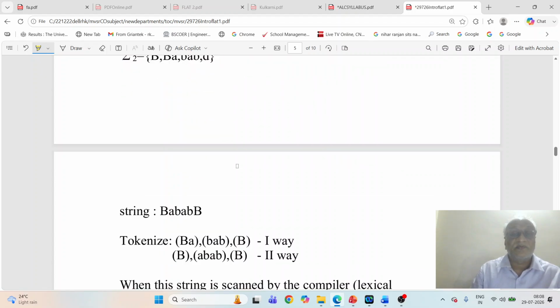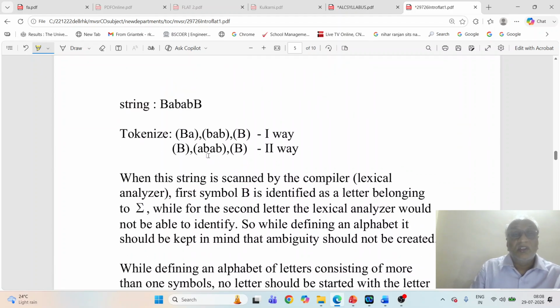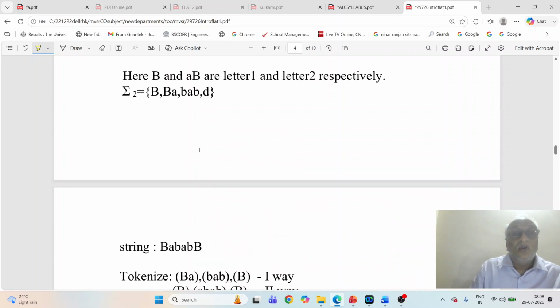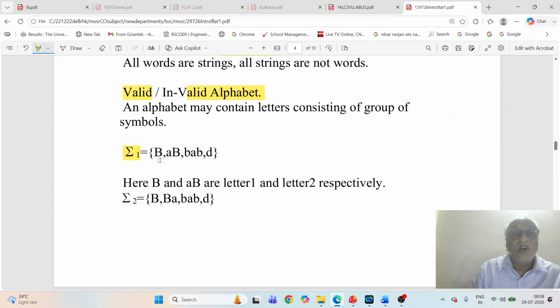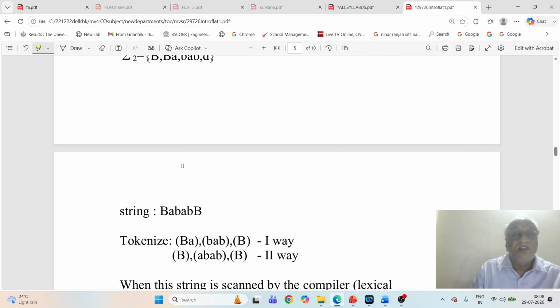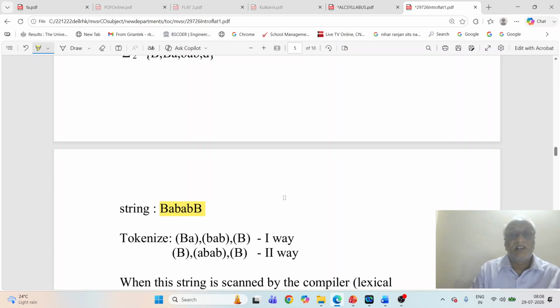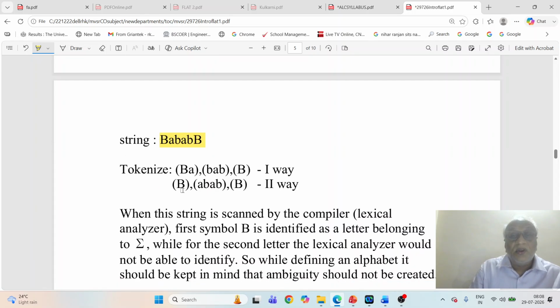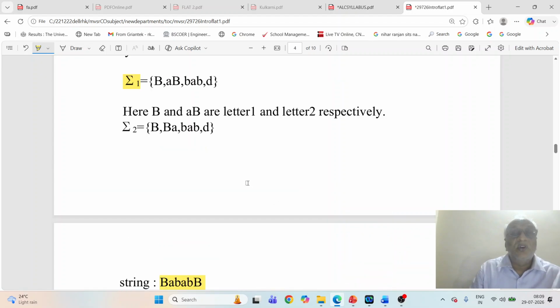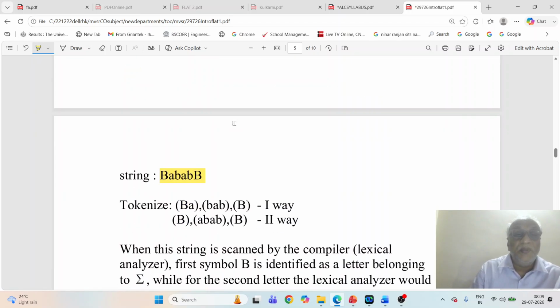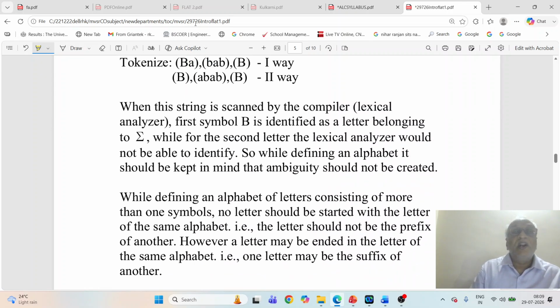Now let us say I tokenize this string. It can become B, A, B, A, B, B, or B, A, B, B, A, B, B. Let us look at this: we have B, then AB, then BAB. We need to look at this to validate them.